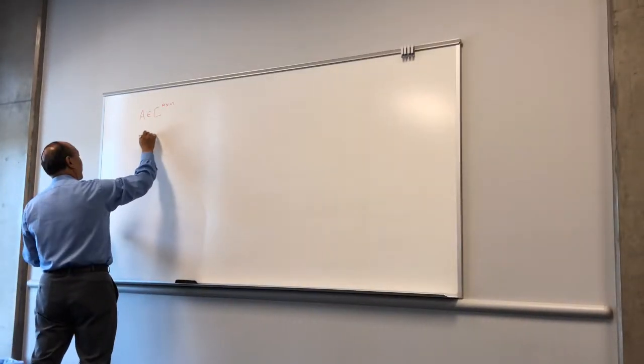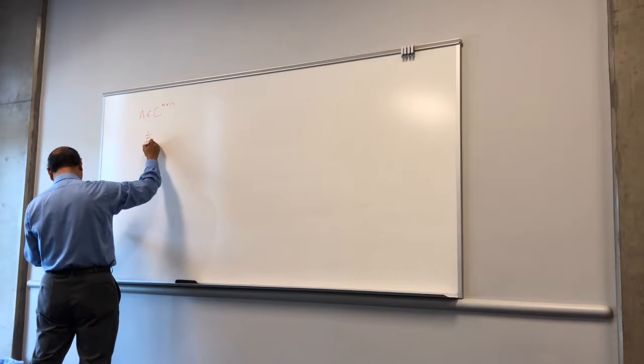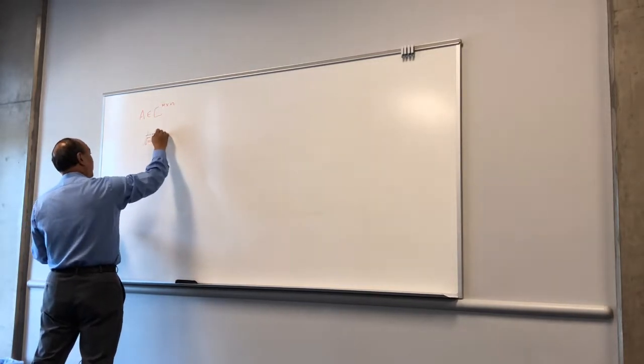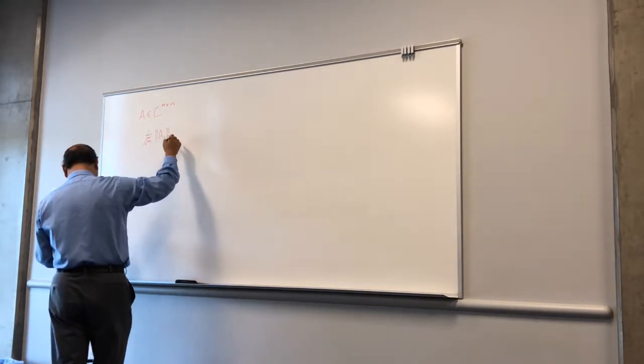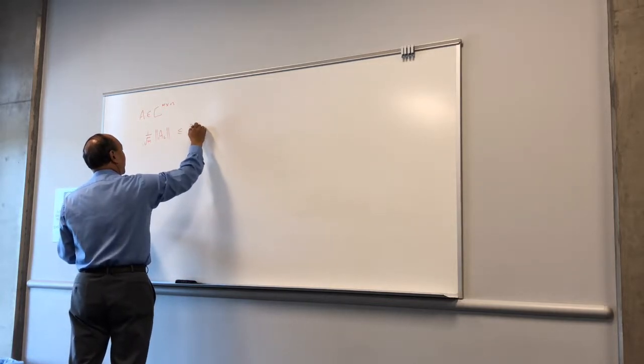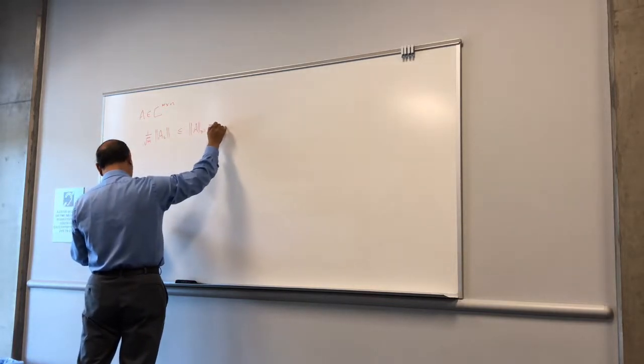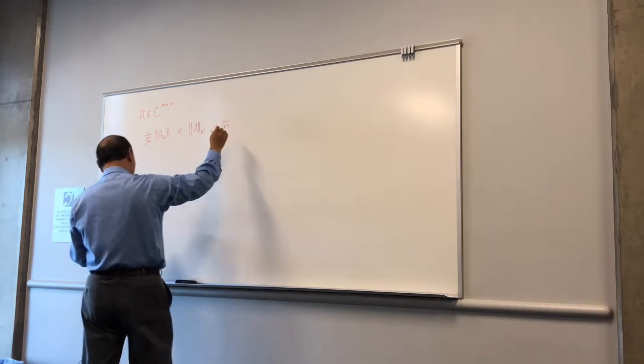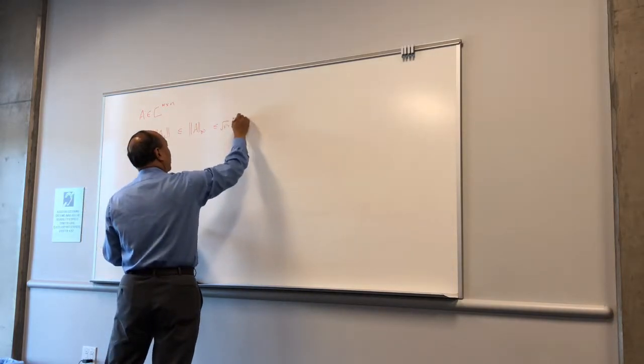I want to show that (1/√m) times the A 2 norm is less than or equal to the A infinity norm, which is less than or equal to √n times the A 2 norm. Okay?